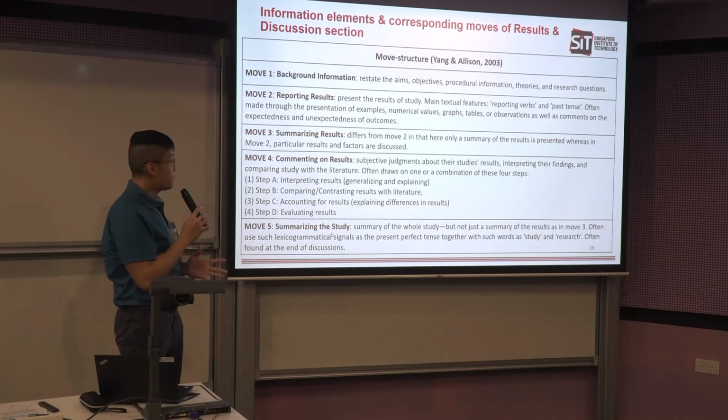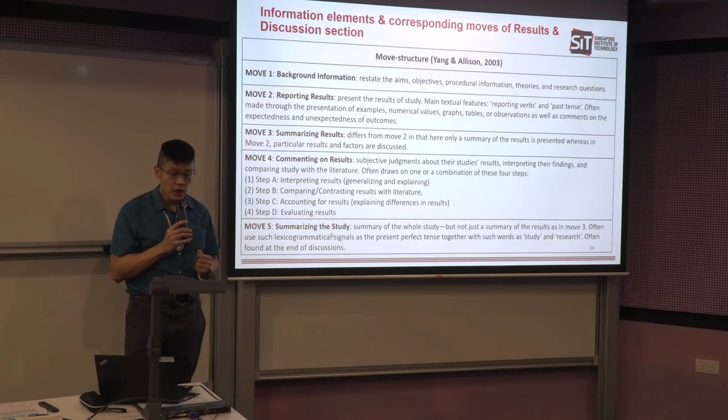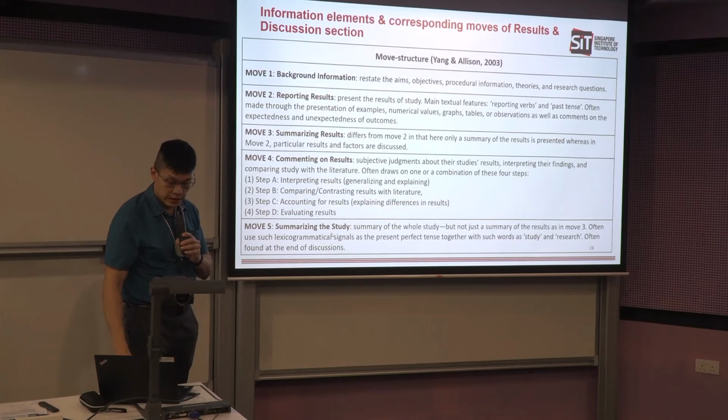So what we will see is that perhaps we may have authors coming in to give some more background information, all right? Although it could be reiterated information, followed by reporting results, summarizing results, commenting on the results, and then finally to summarize the study.